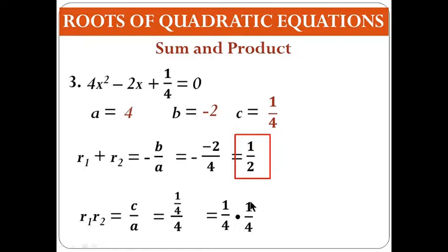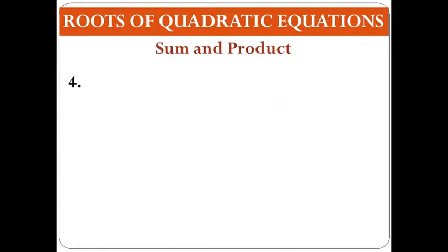Then, after getting the reciprocal of denominator, multiply now para makuha yung ating product. In multiplying fractions, multiply numerator by numerator, denominator by denominator. Therefore, the product is 1 over 16.